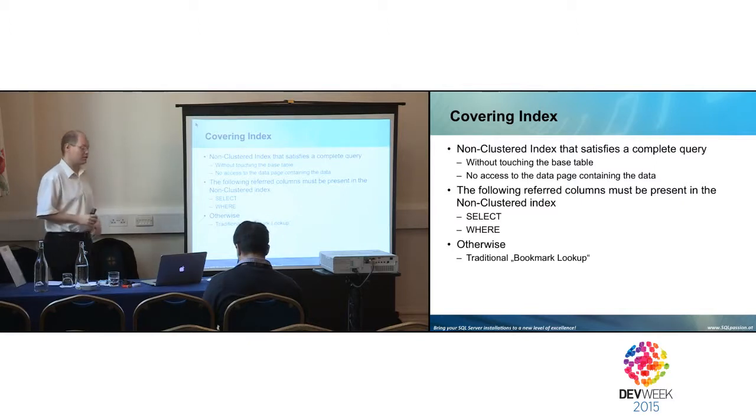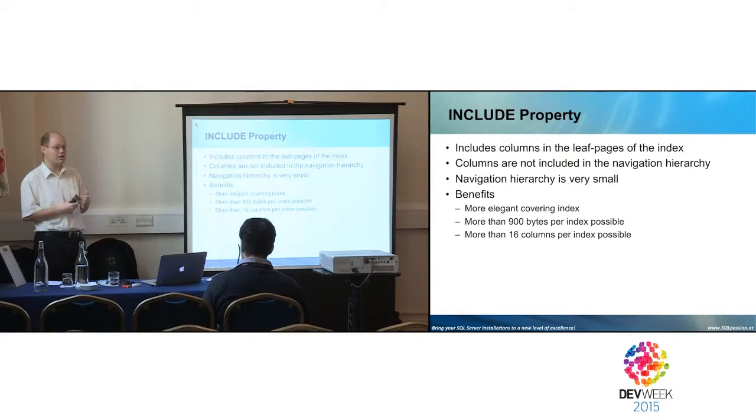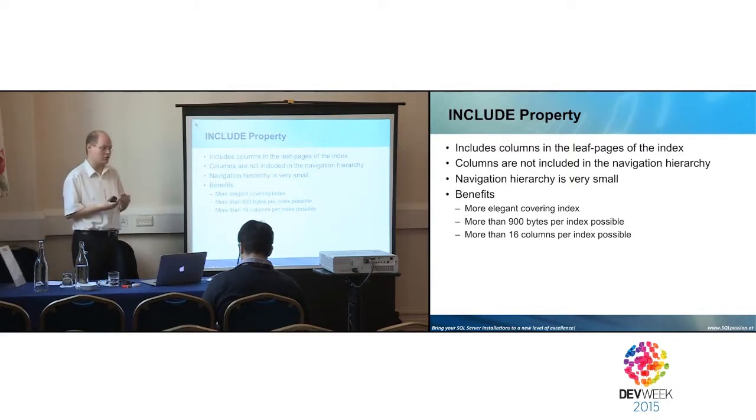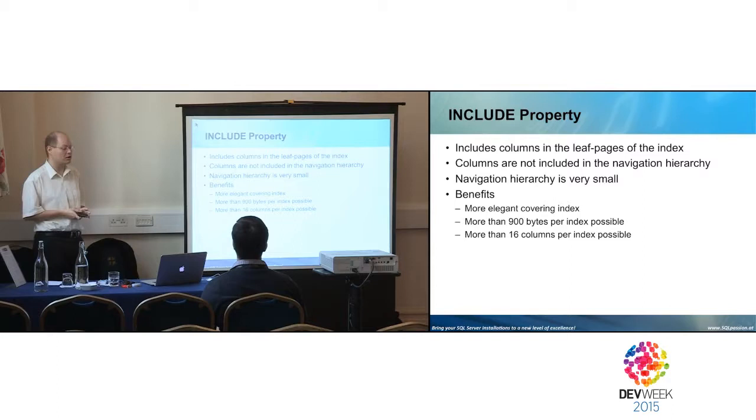So normally when you have a query in front of you, you should add the columns on which you are restricting in your where clause into the navigation structure of that non-clustered index so that you can perform seek operations, and every additional column that you are referencing in your select list, you should include in the leaf level of that non-clustered index. Means when we are including those additional columns in the leaf level of the non-clustered index, we can eliminate that bookmark lookup in the execution plan.